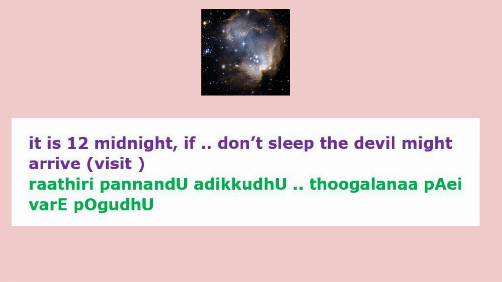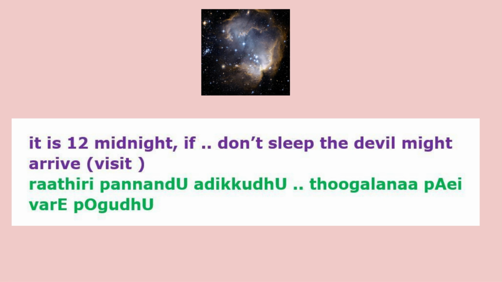It is 12 midnight. If you don't sleep, the devil might arrive. Why I have given a 2 dot here is, if you understand, ராத்திரி 12 அடிக்குது, meaning it is 12 now. தூங்கலன்னா பேய் வரப்போகுது.